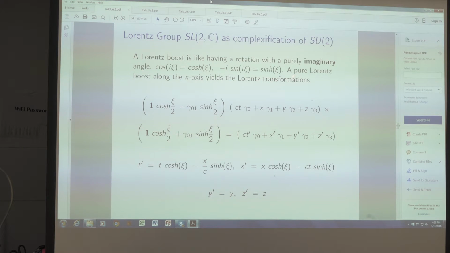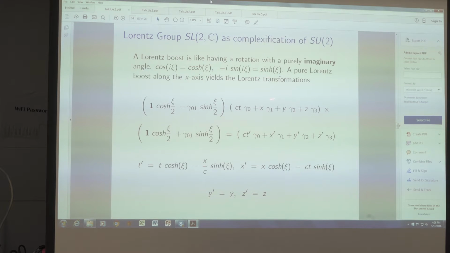So let's suppose that you perform a Lorentz boost along the x-axis. Remember that a boost transformation along the one direction, the first axis, is like a rotation involving the temporal direction. So 0, 1 is the bivector involving the temporal direction with the spatial direction. And because of this relationship between the hyperbolic cosine and hyperbolic sine and the cosine and sine of the imaginary angle, you can perform a rotation like this.